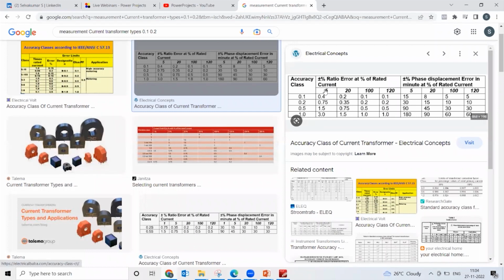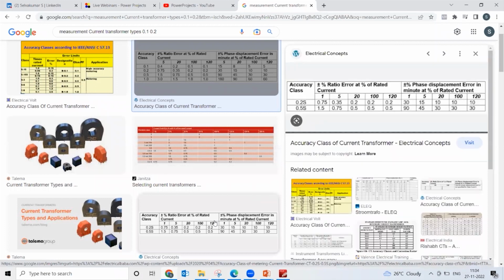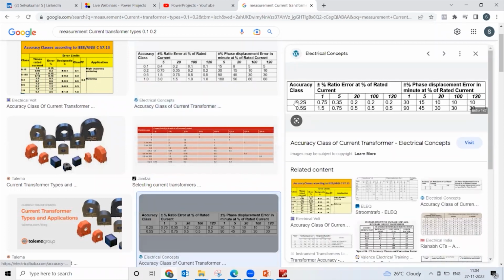It's another important piece of information. The CTs, all electromagnetic instrument transformers, have the capability to measure the current only from 5% to 120% if it's a normal class CT, and if it is a special class CT, it still has the capability only to measure from 1% to 120%.